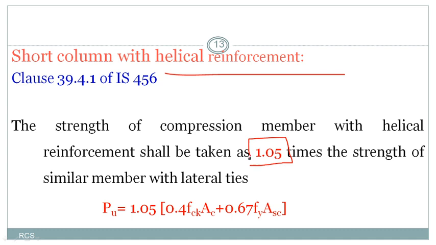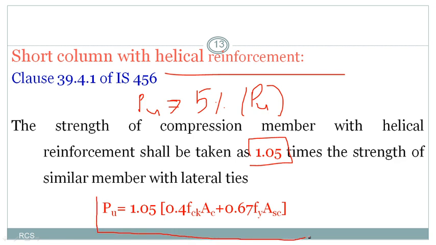From this I can say the load carrying capacity of a helically reinforced column is 5% more than the load carrying capacity of a column which is laterally tied. That is the meaning of this. So when a short column is helically reinforced, the load carrying capacity of that particular column can be calculated using the formula Pu is equal to 1.05 multiplied by 0.4 fck Ac plus 0.67 fy Asc.